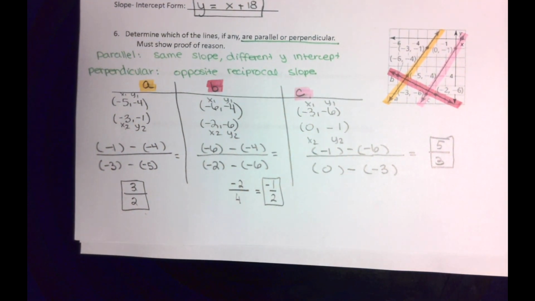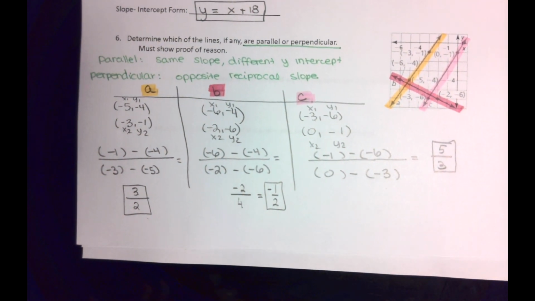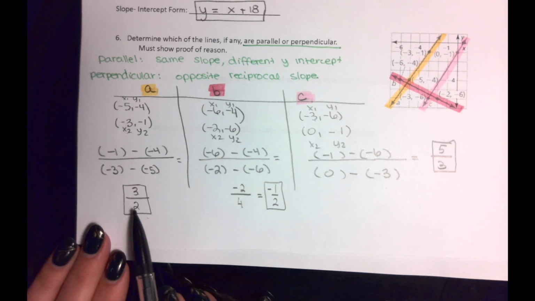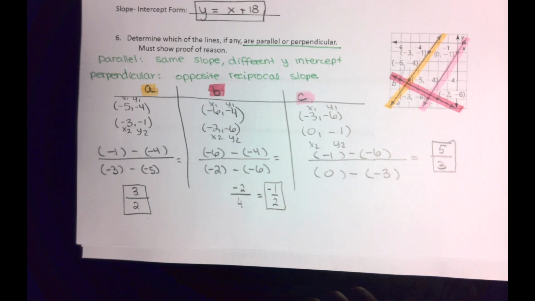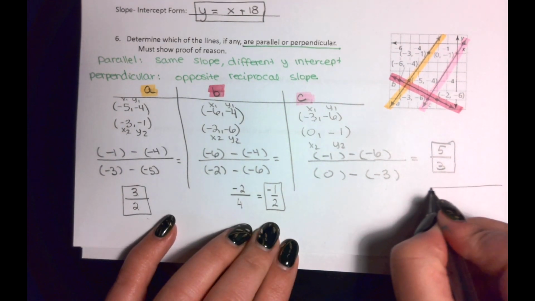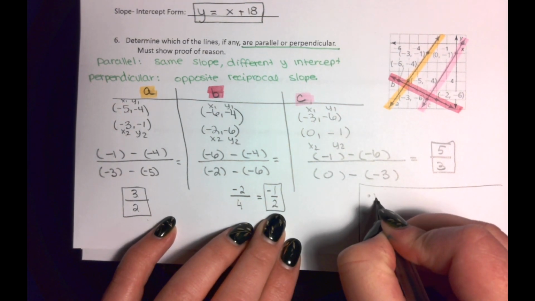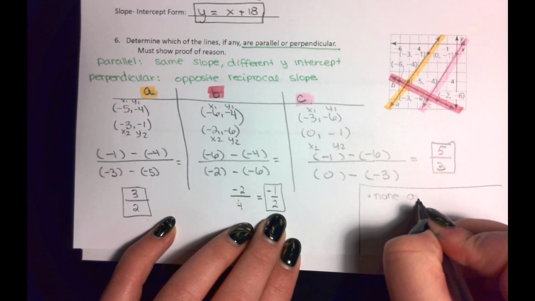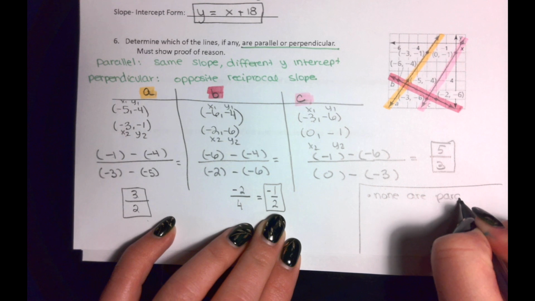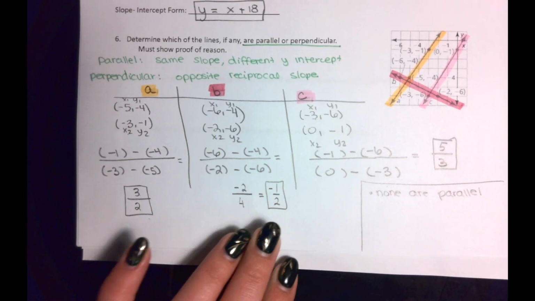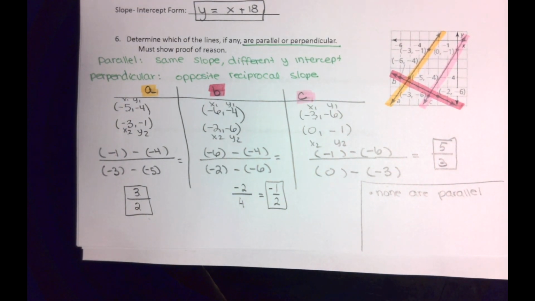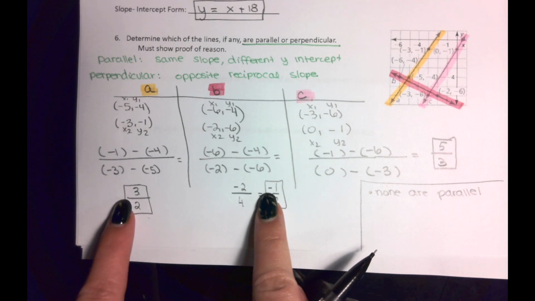And now we're looking at, are any of these slopes exactly the same? No. So since they are not exactly the same, none are parallel. Okay, are any of them opposite reciprocals? So opposite means positive, negative. So these are opposites, positive, negative.